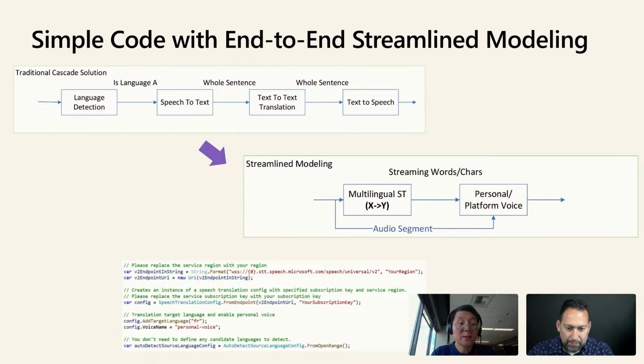Is that right? Yes, you get the point. It's exactly right. Because it's one model and the personal voice simulation happens at the same time, we can seamlessly stream the output of the simulated voice in the target language.